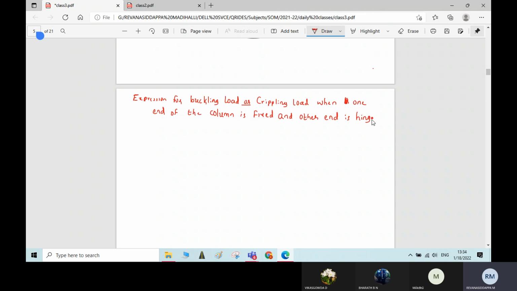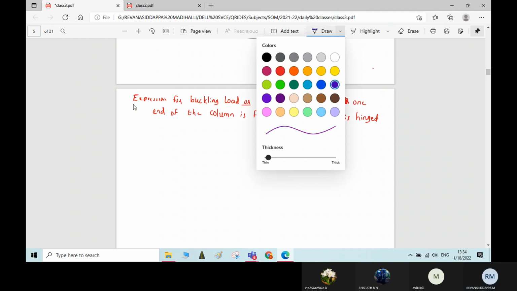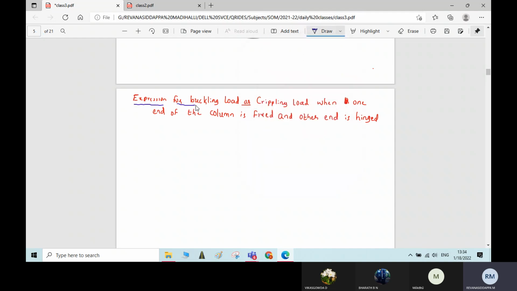For this condition we will derive the equation for buckling load. Write that as expression for buckling load or the crippling load of the column when one end of the column is fixed and other end is hinged.